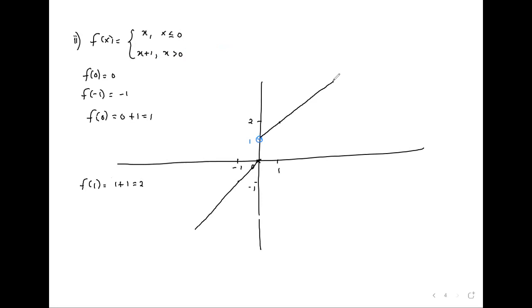So just pick one more point just to know whether it's going up or going down. But a guide is that if the coefficient of x is positive, then it's going up. For this where x is to the power 1. If the coefficient of x is negative, then it will go down.